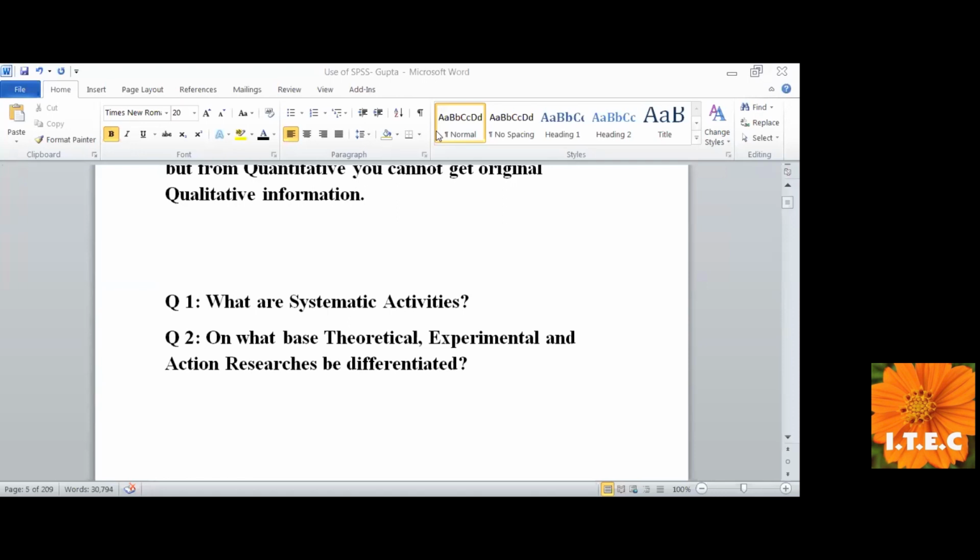Type of subject, no, because in problem, no. Okay, so think about it, and then I proceed further. So your responses are not correct. There cannot be any work without purpose.